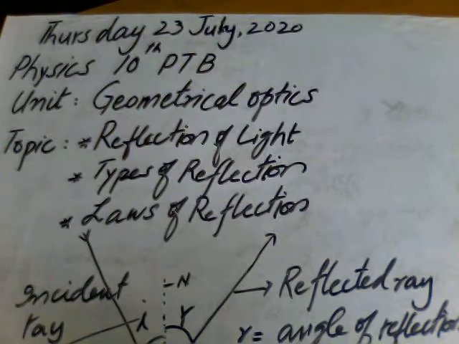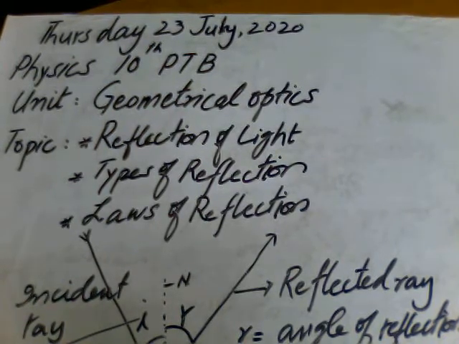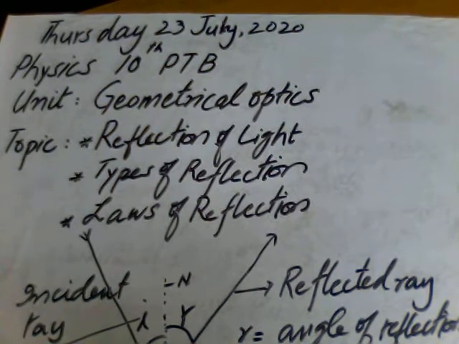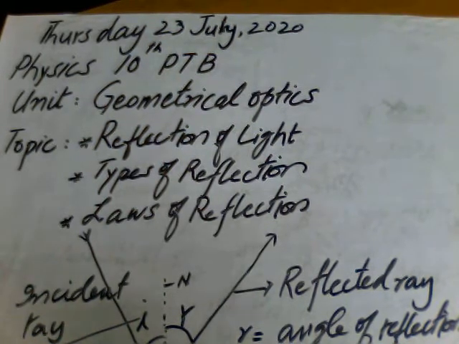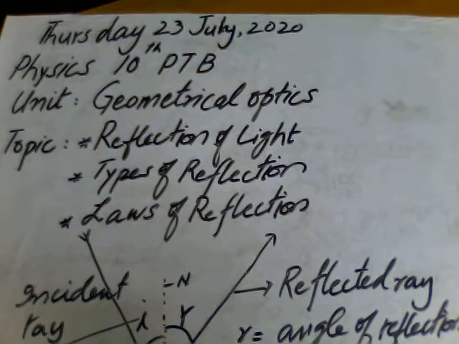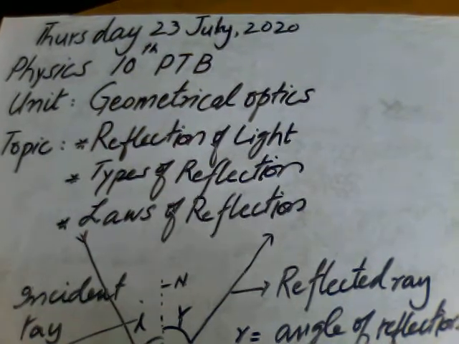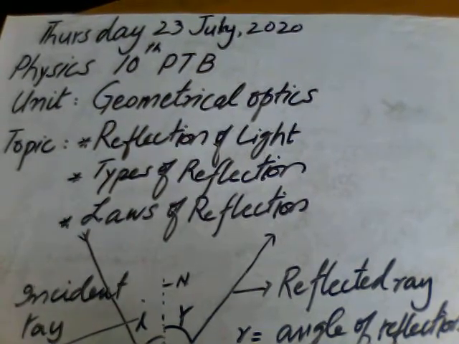At night, when there is no sun, we use artificial lights, bulbs, tube lights, and different other sources to see the objects. It means light is the main focus of this chapter, of this unit.